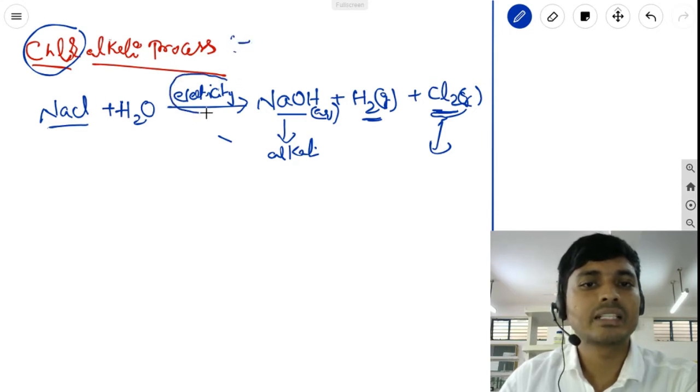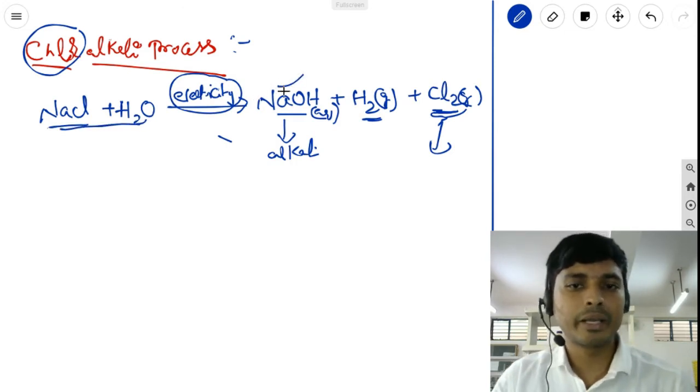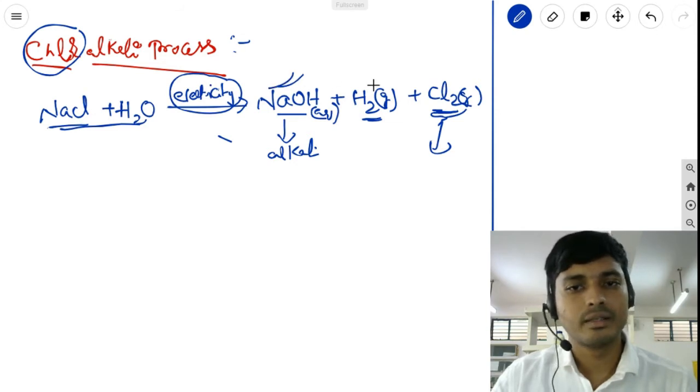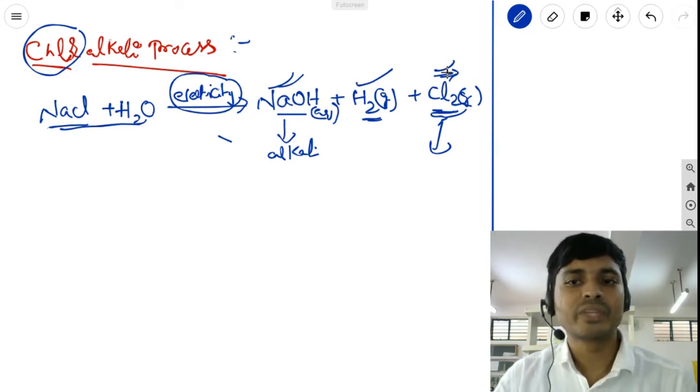If you pass electricity through the brine solution, you get these many products. I will show you in an interesting experiment how sodium hydroxide and hydrogen gas form, and how Cl2 gas forms. Cl2 gas, when it is in water, gives HCl, so a little bit of HCl will also be generated.